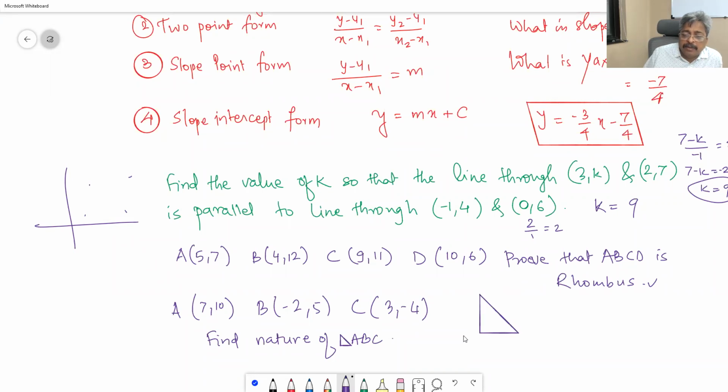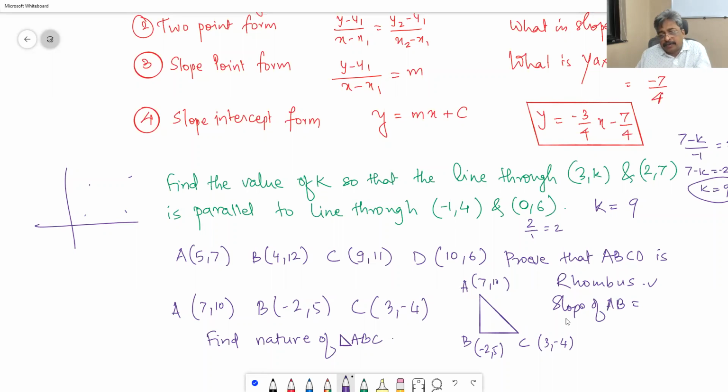B. Observe, the slope of AB is how much? 5 upon 9. Is that right? Slope of BC, 9 upon minus 1. Oh, they possess some relation.